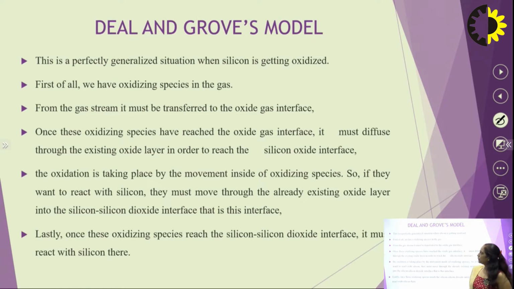As per the Deal-Grove model, this is the generalized solution when silicon is getting oxidized, when we are growing silicon oxide over the silicon layer.